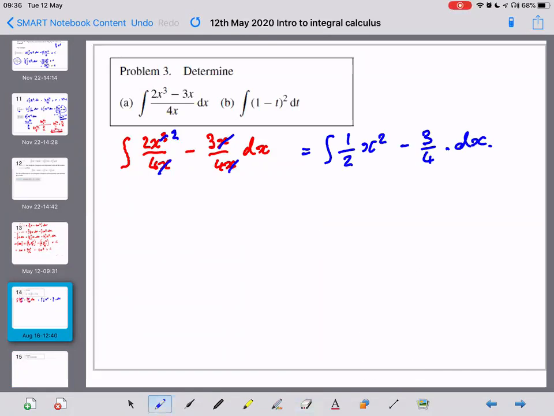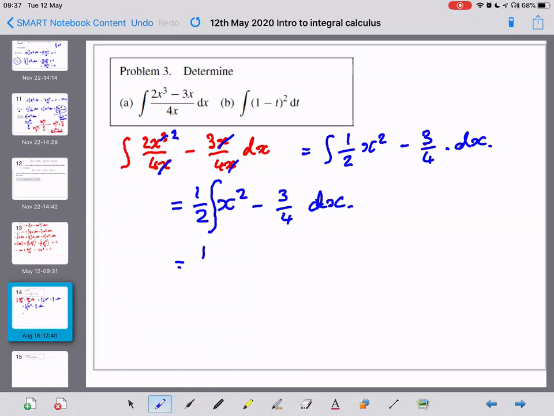So then what we can do is take constants outside. So that equals a half x squared minus 3/4. Keep the integral in there. dx. And now we can do the integration.